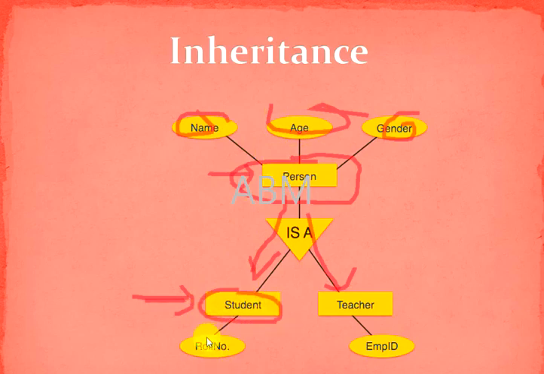We just add the new attribute as a roll number, because we cannot assign the roll number to every person, because if the person is a teacher, then he may have an employee ID. If he is a citizen, then he may have a national ID card number.